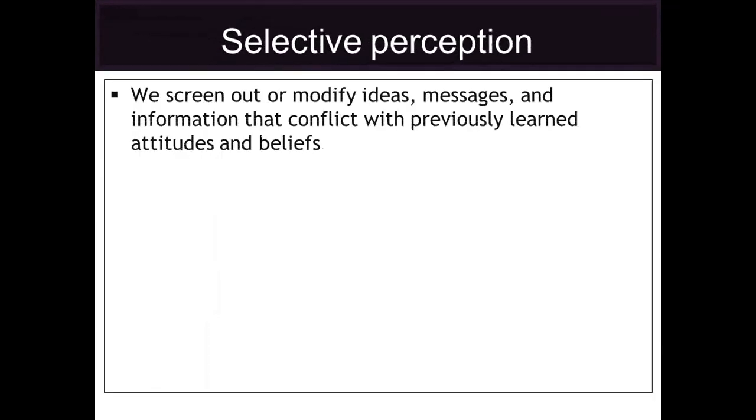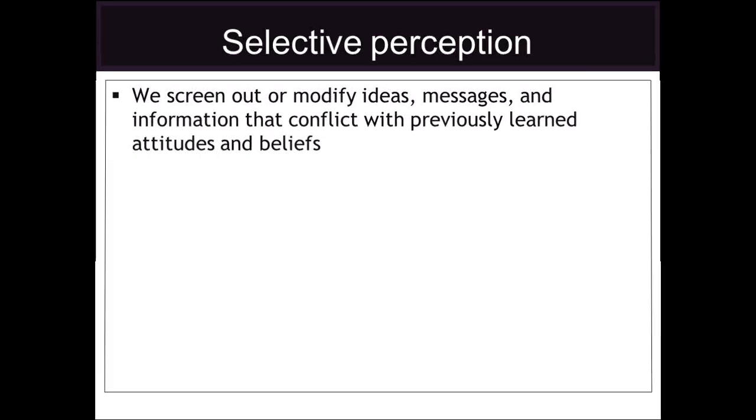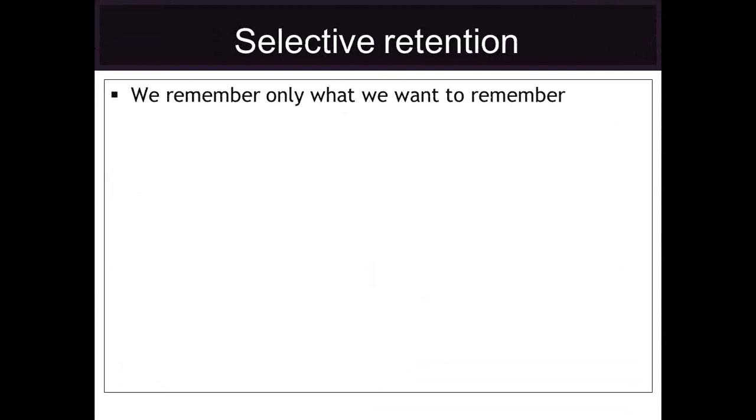Selective perception, we screen out or modify ideas, messages, and information that conflicts with previously learned attitudes and beliefs. Selective retention, we remember only what we want to remember.